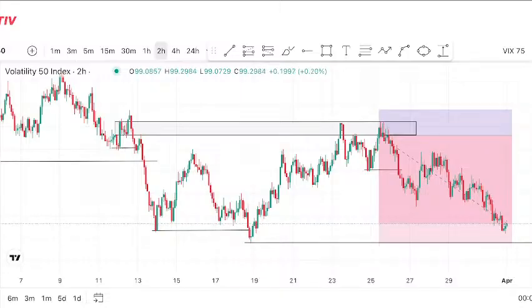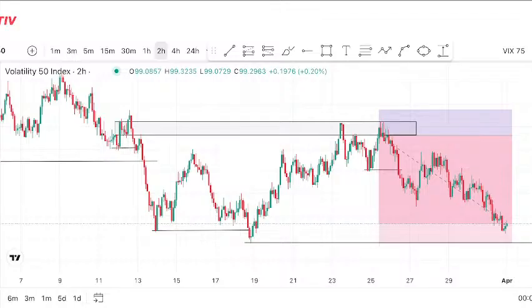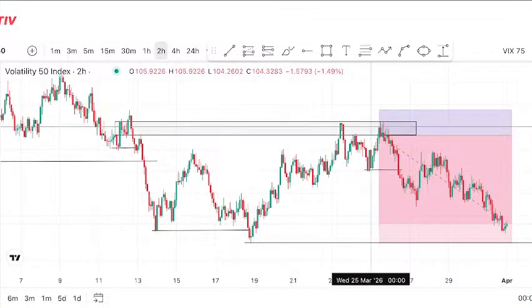So guys, what do we have here on my screen? We have volatility 50 index. What is interesting about this chart you are seeing here is that I actually called out this particular trade live when price was around this zone, exactly sniper entry.